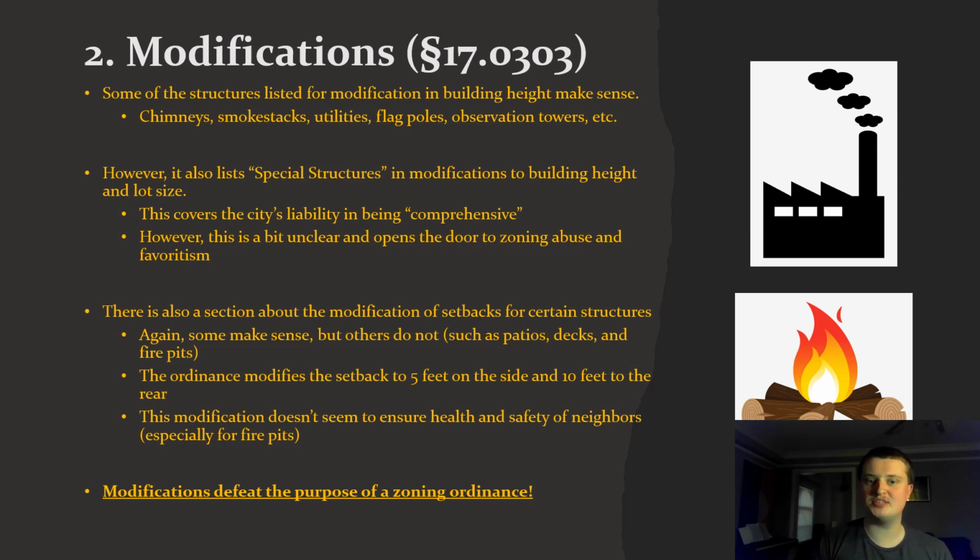It doesn't really make sense to me because it doesn't seem to account for the health or safety of neighbors, especially if you burn something nasty in the fire pits. So overall, I think modifications kind of defeat the purpose of the zoning code, because if everyone can be exempt from the zoning code, then what's the point of the zoning code?